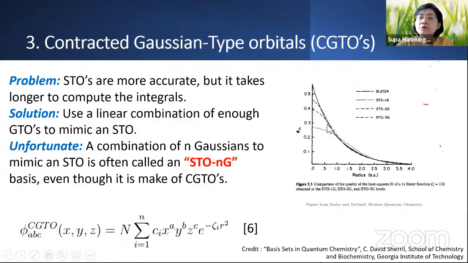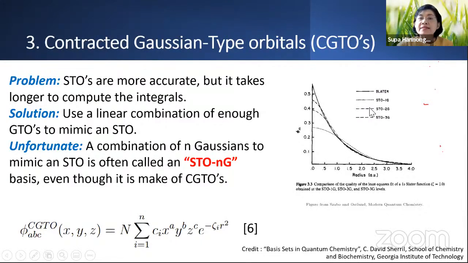And then if we have two Gaussians, STO-2G, that means a combination of two GTOs to represent the one STO. Here is the curve. It improved more or less, covering this part, and also close to the nucleus, but still there is some gap over here.